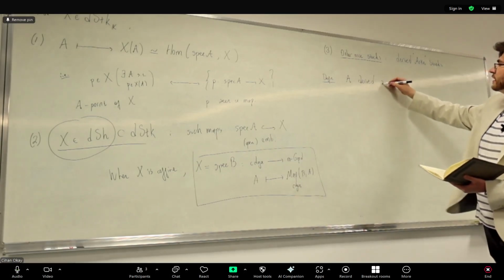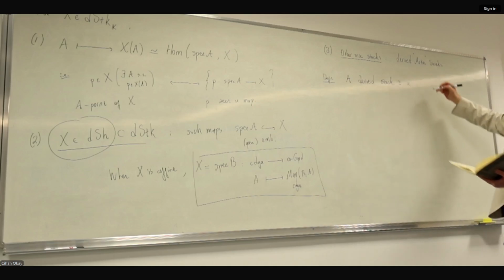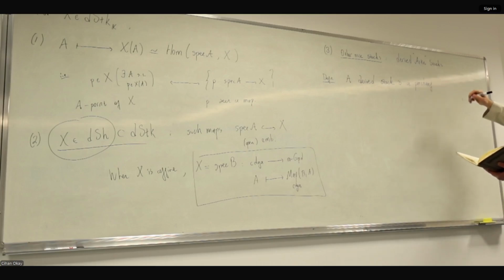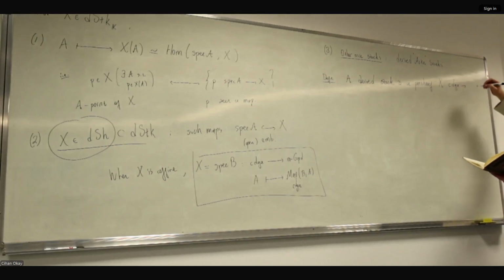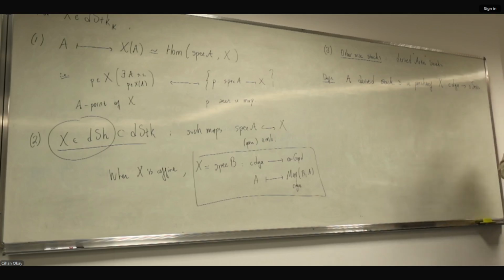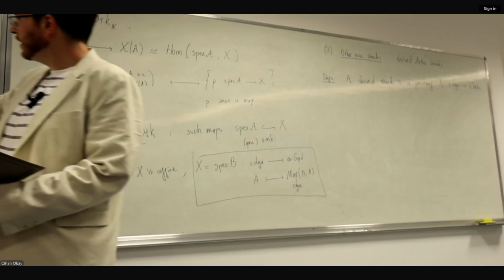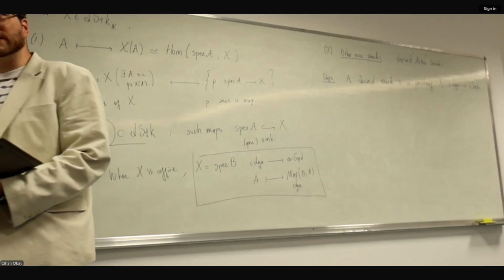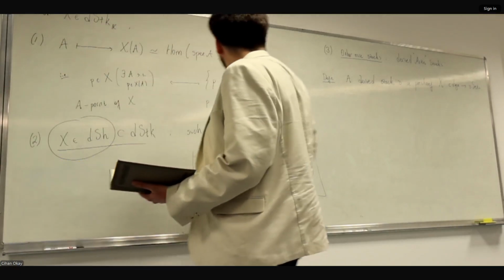So a derived stack is a pre-sheaf X from CDGA to simplicial sets. Instead of this infinity groupoid perspective, remember this enters the picture when you use topological categories, right, to specify a given infinity category.